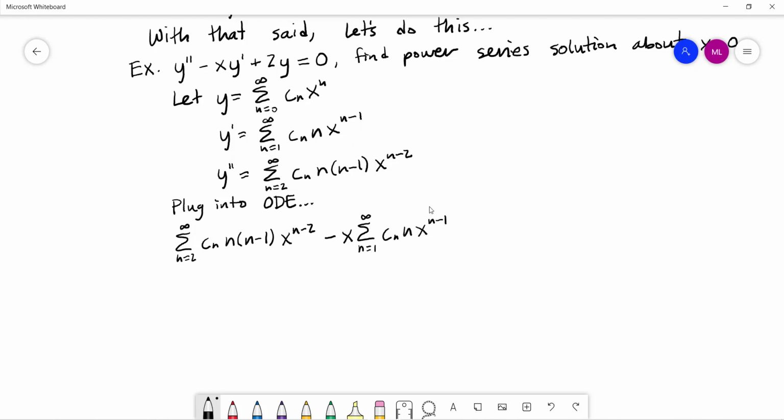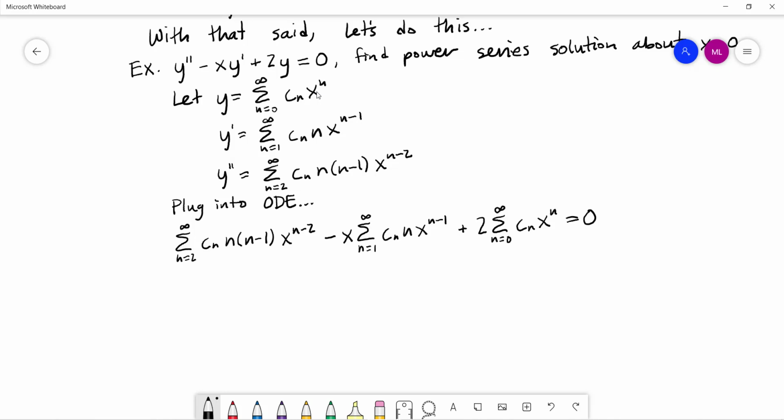Here's my minus x, and this sum is the y prime, plus 2y. So plus 2 of, here's y. And that whole thing is supposed to be equal to 0.